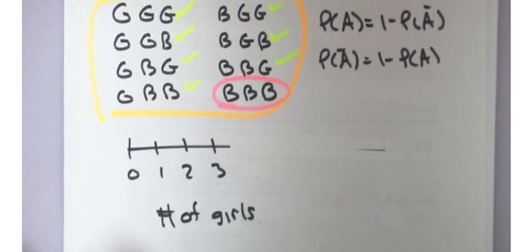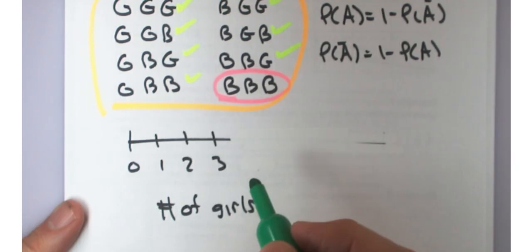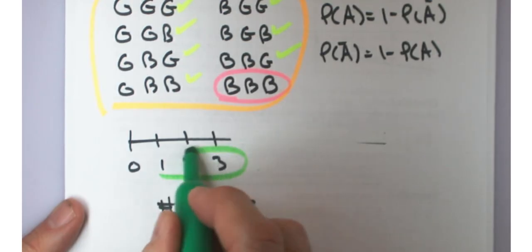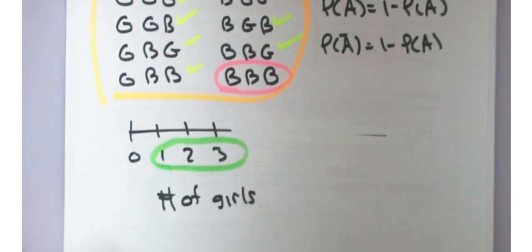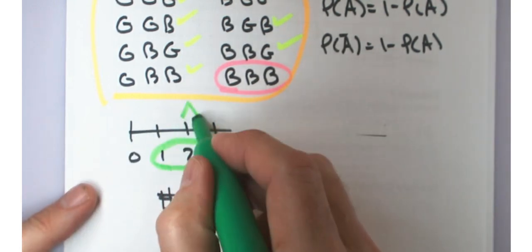We want to know the probability of at least one girl, right? So what events should I circle here that represent at least one girl? 1, 2, or 3. So that's event A right here.